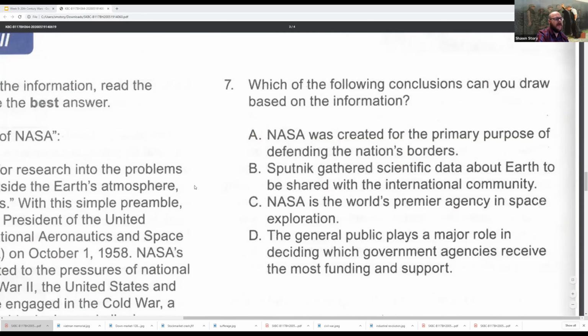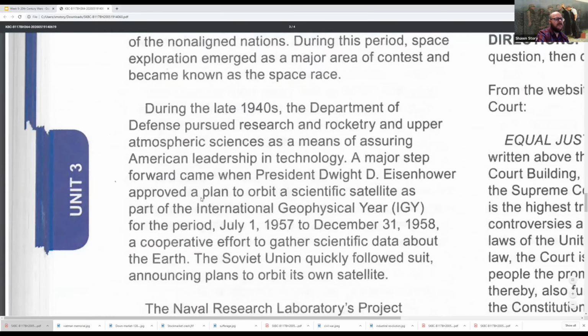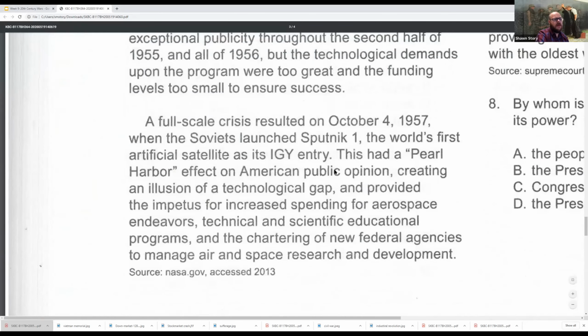Let's relook at that last paragraph. Does the author mention that the Sputnik was used for international science? So it says the full-scale crisis resulted on October 4th, 1957, when the Soviets launched Sputnik 1, the world's first artificial satellite, as its IGY entry.